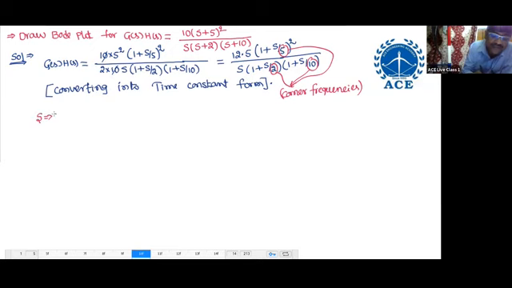So s is replaced by j omega to write the magnitude and phase. Come on. What is GH of j omega equal to?